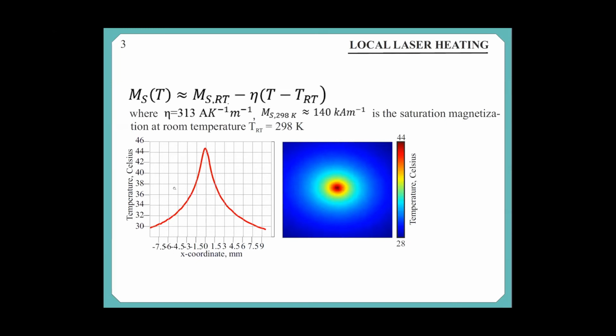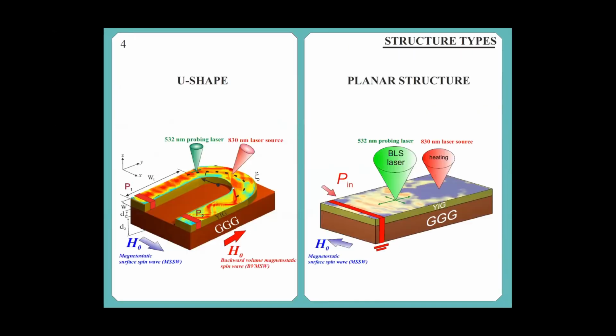And as you can see on the slide, the maximum heating above room temperature is 15 degrees.